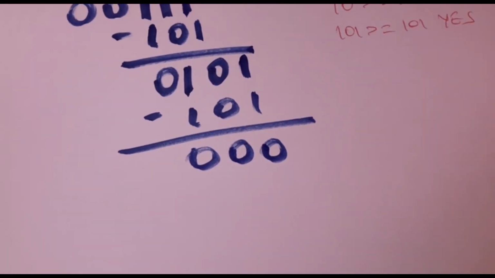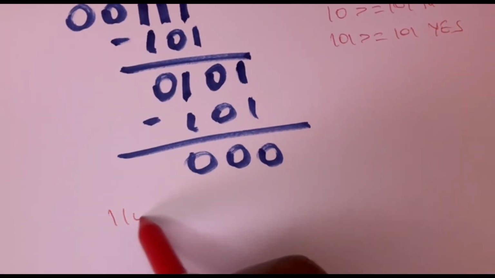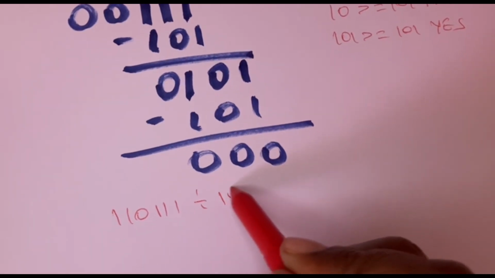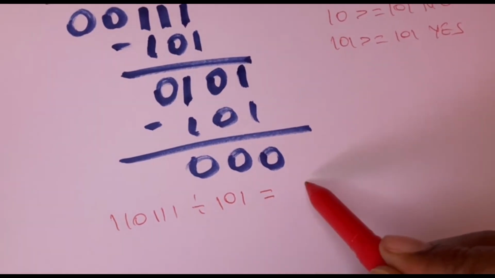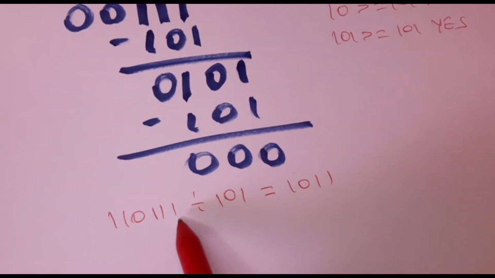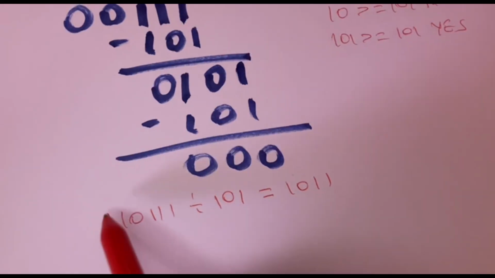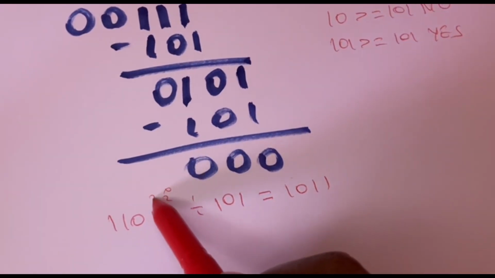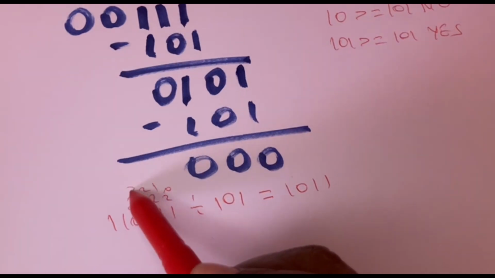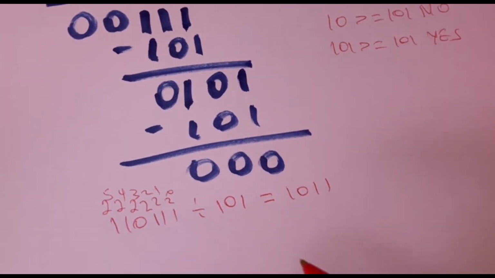Let's check. 110111 divided by 101 equals 1011. Okay, 110111 is what number? This is to the power of 0, to the power of 1, to the power of 2, to the power of 3, to the power of 4, and to the power of 5.